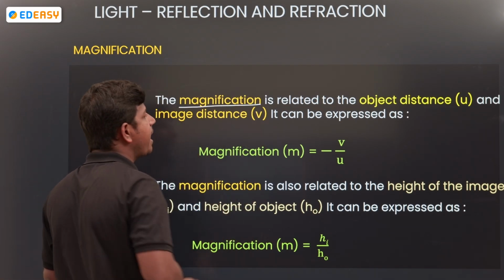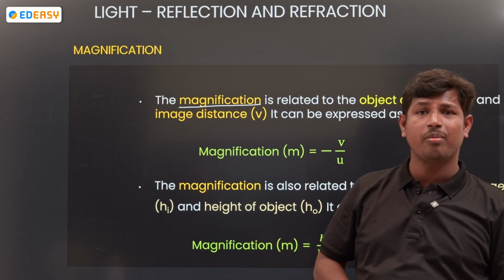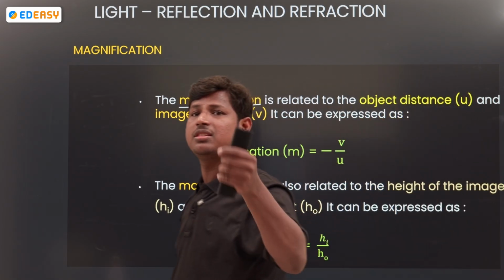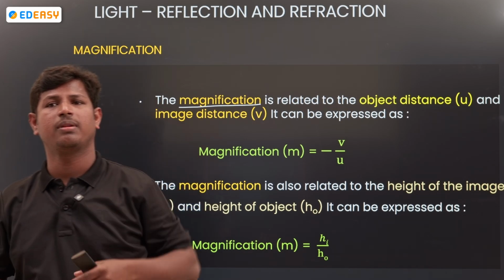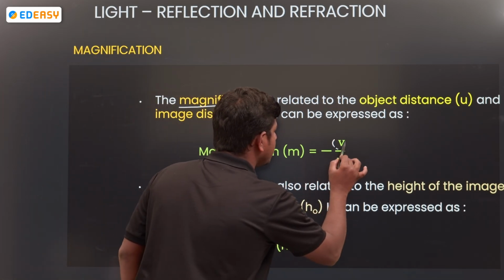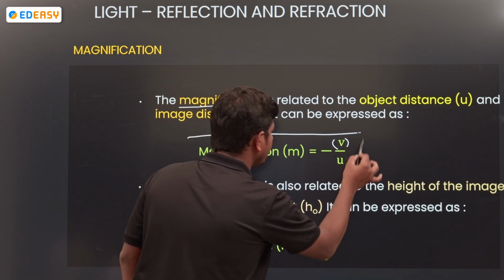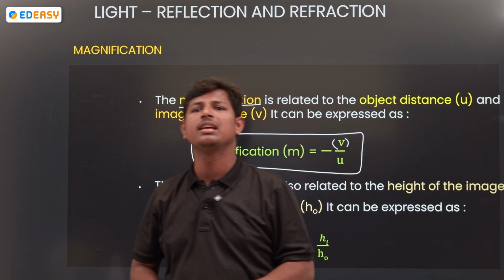Next, magnification. What is meant by magnification? Magnification is the ratio of image distance to object distance. Magnification m is equal to minus v by u.